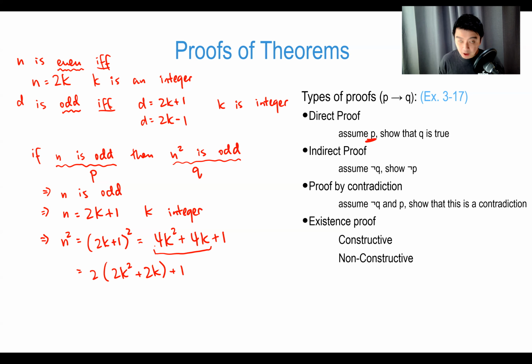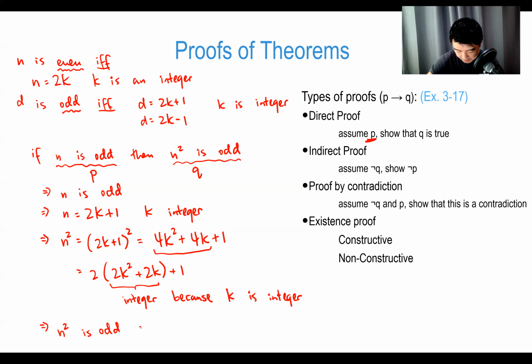But we can also claim that because k is an integer, this is also an integer. Okay, so now what can we say at this point? We can then say n squared is odd. And this is our statement Q.